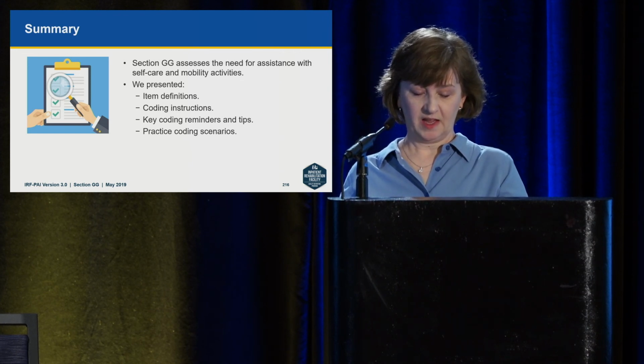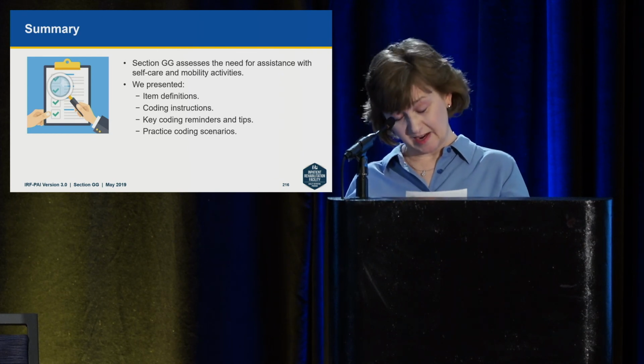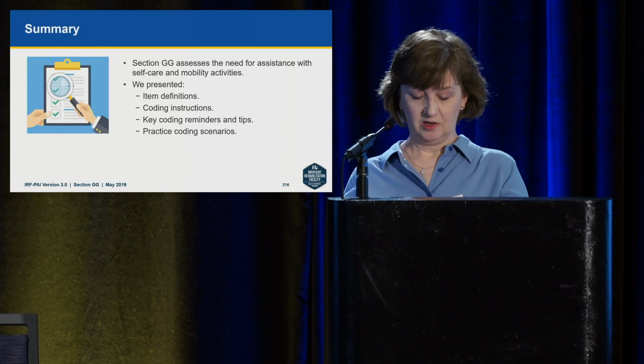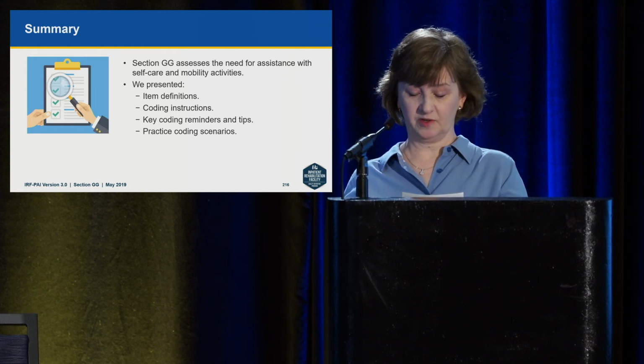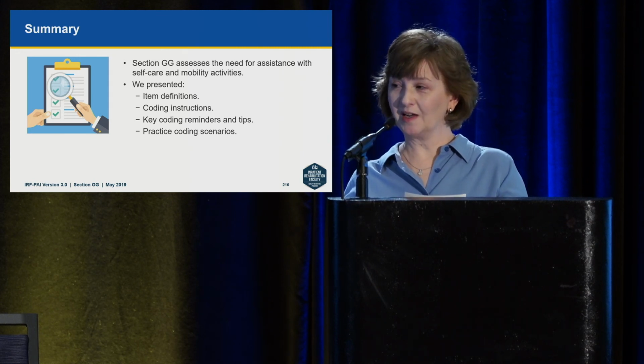Another question that came in: if the patient is unable or declines to perform an activity due to fatigue or pain, do we code 07, patient refused, or 88, not attempted due to medical condition or safety concern? Probably you'd be coding 88.